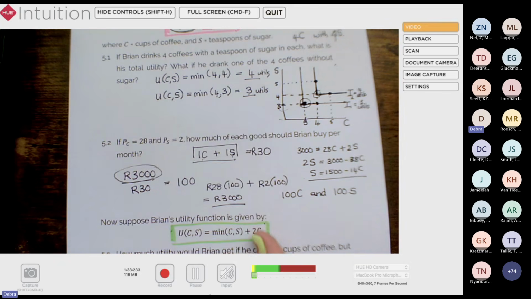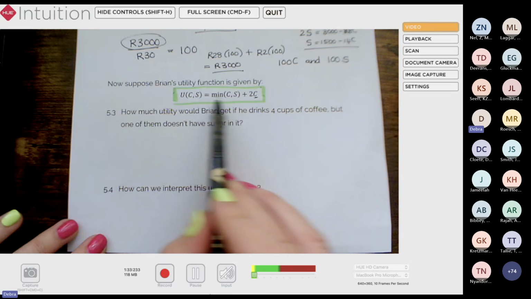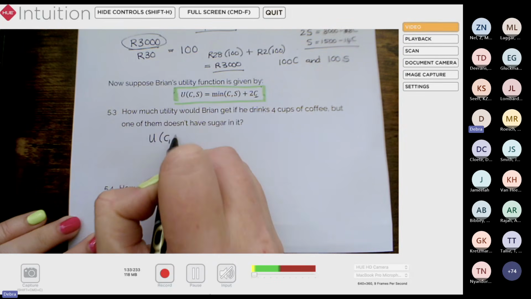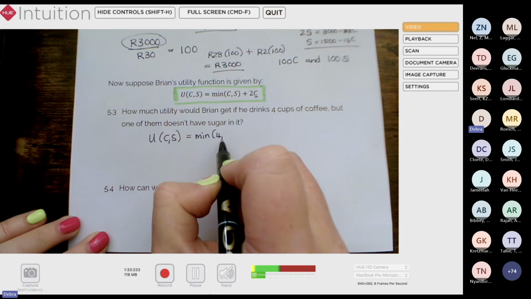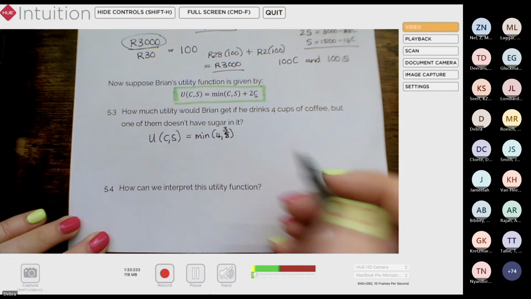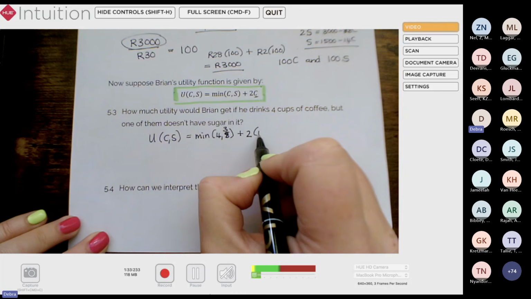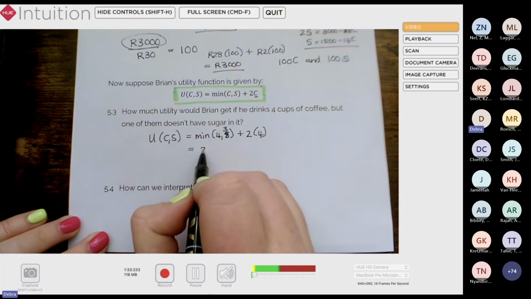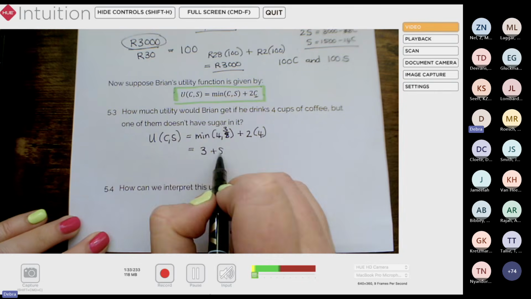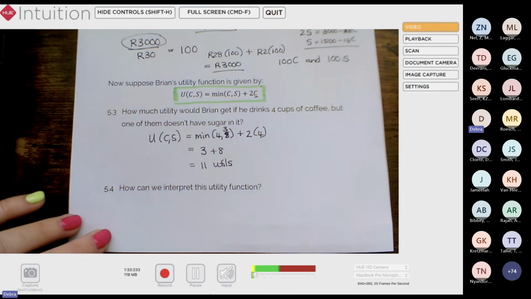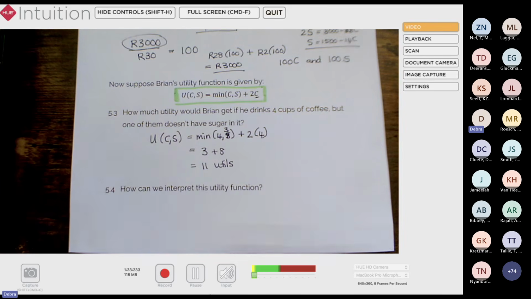With this utility function, his utility from having 4 cups of coffee but only 3 teaspoons of sugar is now going to be the minimum of 4 and 3, which is 3, plus 8. So now he gets 11 utils of utility from the same consumption bundle that in the past only gave him 3 utils.